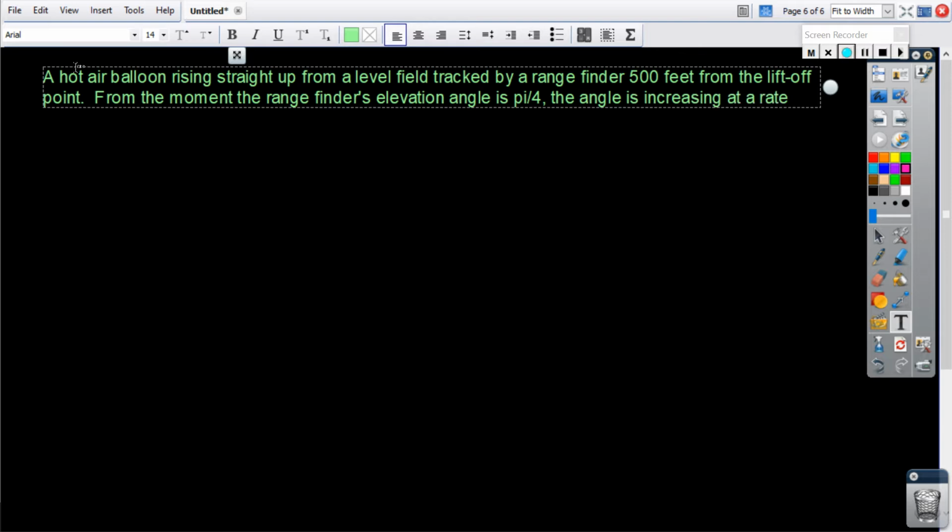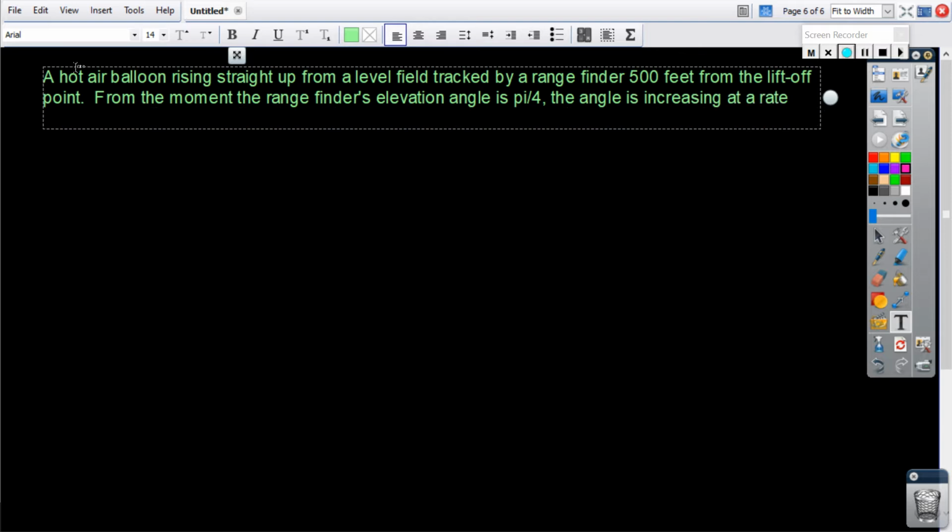The rate, there's your keyword there, rate of 0.14 radians per minute. How fast is the balloon rising?